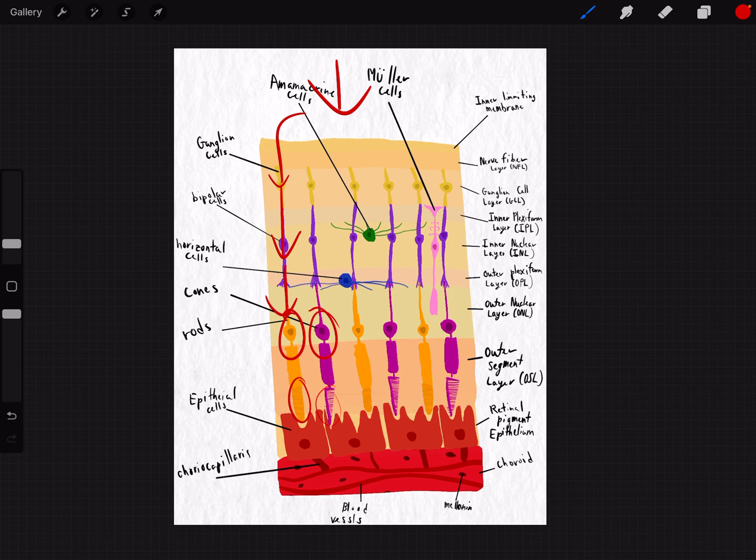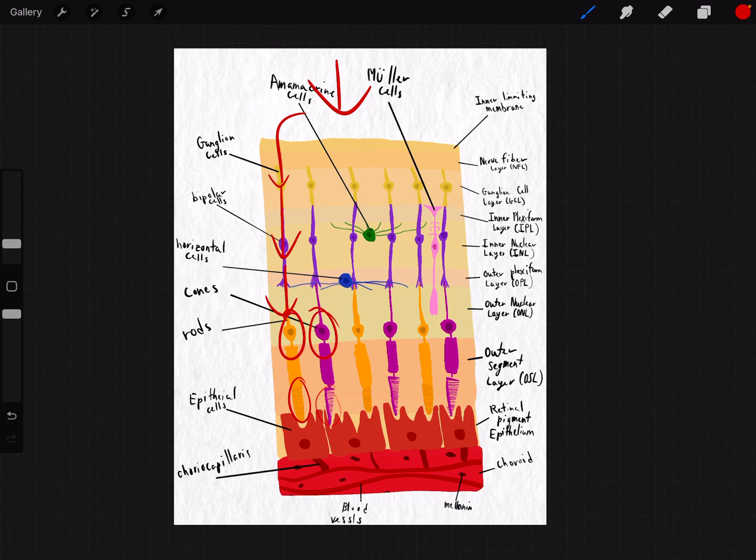And then you have your cones. Cones are the other 5%, and they are less sensitive to photons. But they are mainly for color sight. Your rods give you a black and white image, and your cones give it color, a splash of color. And cones are actually better with red light than they are with blue light.